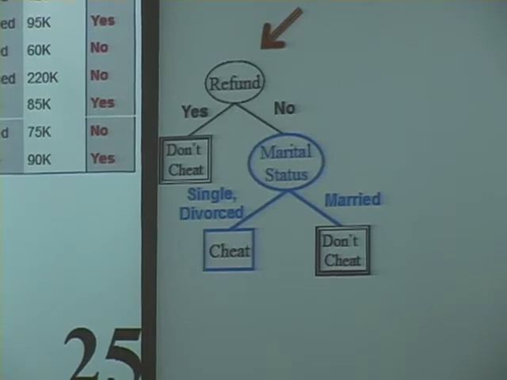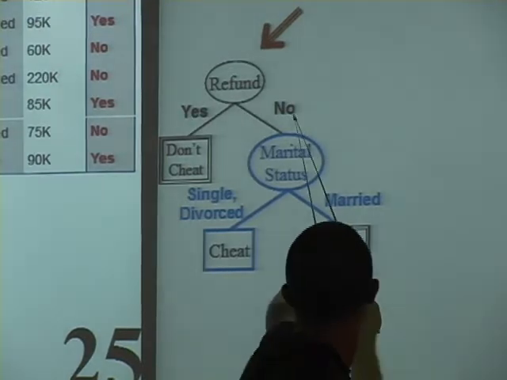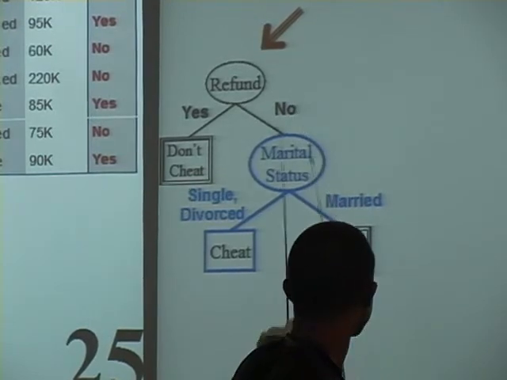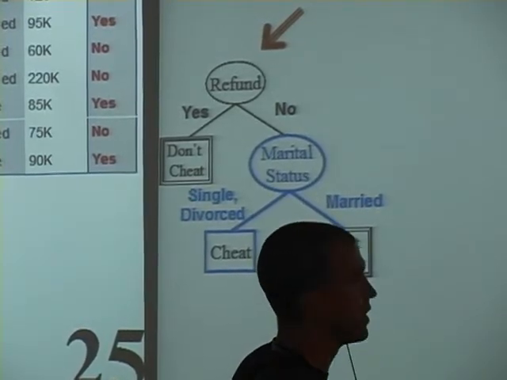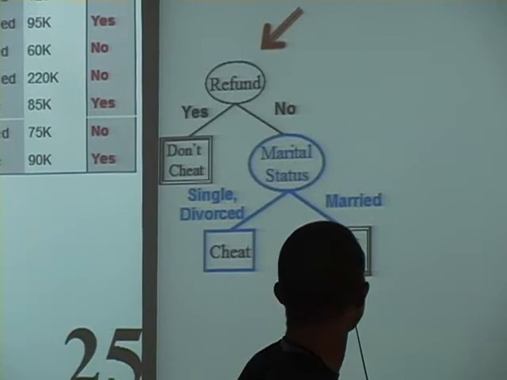No refund and married and didn't cheat is 2, also it's not 5, it's not 8, it is 9, right? All those guys said no refund and they're married and none of them cheated. So that again is another terminal node because it's homogeneous.